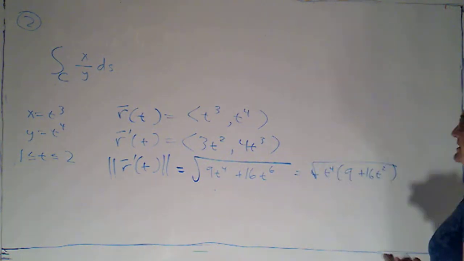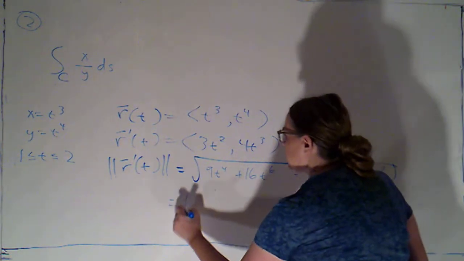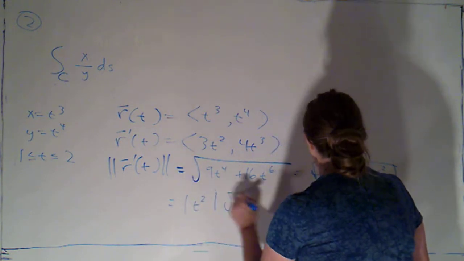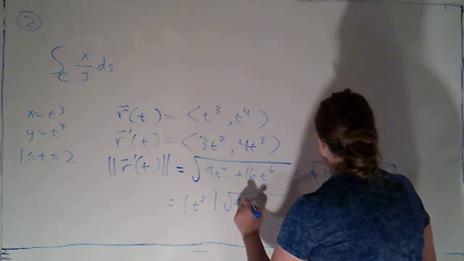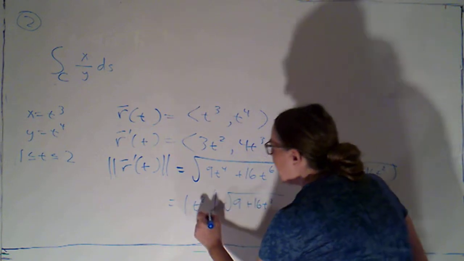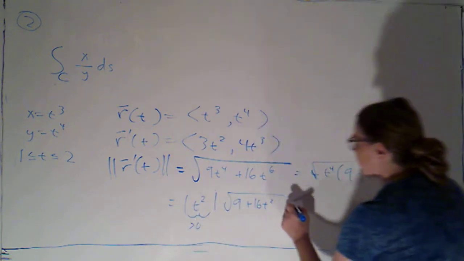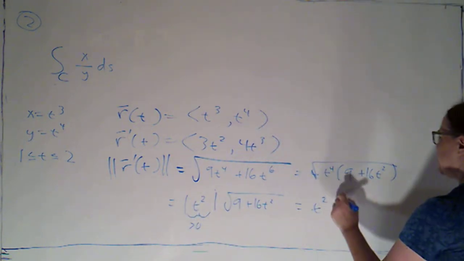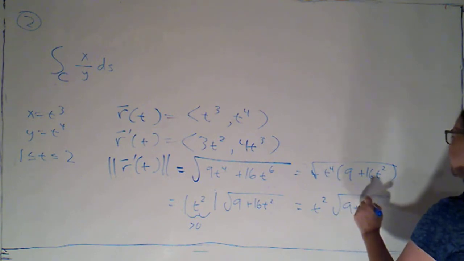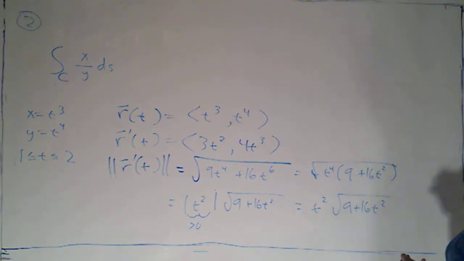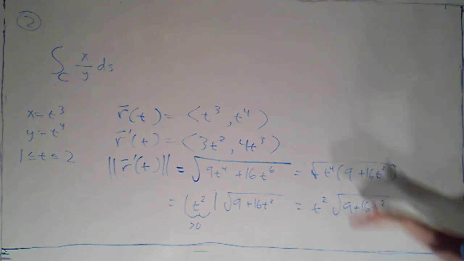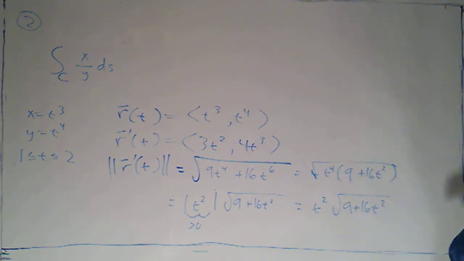And the square root of t to the 4th would just be the absolute value of t squared times root 9 plus 16t squared. And of course, t squared is always positive. So that's just t squared times the square root of 9 plus 16t squared. Okay, so that's the work that I'm going to need in order to rewrite this.